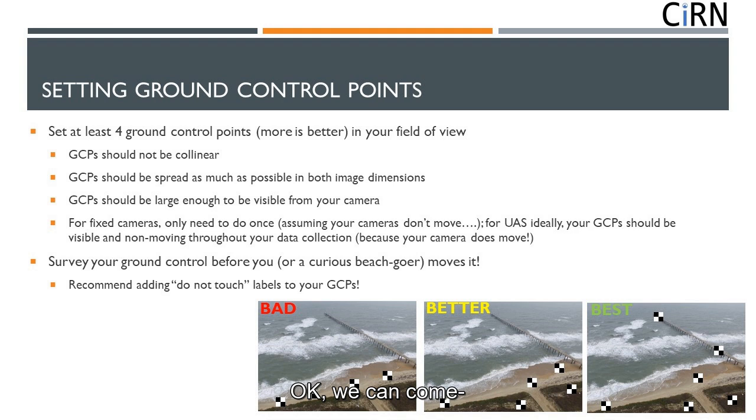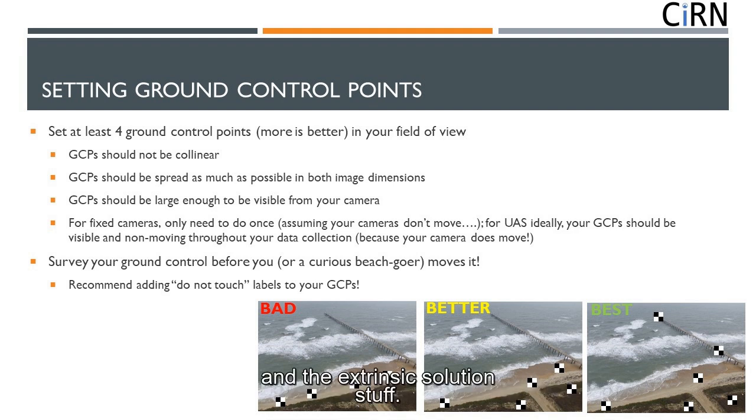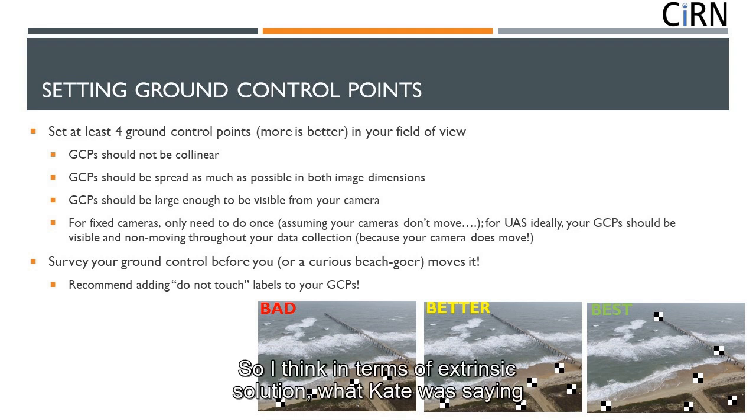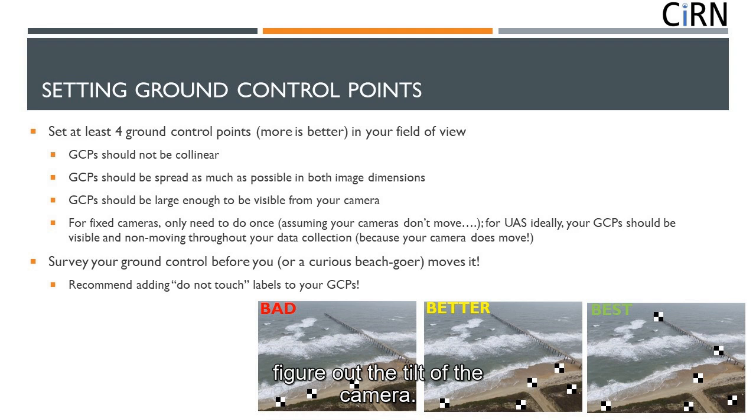Okay. Do you guys have anything to add to that? Yeah, I think we're mixing a little bit of the rectification and the extrinsic solution stuff. So in terms of extrinsic solution, what Kate was saying was we have GCPs at various elevations that really helps us figure out the tilt of the camera.